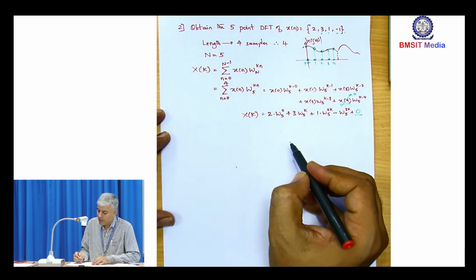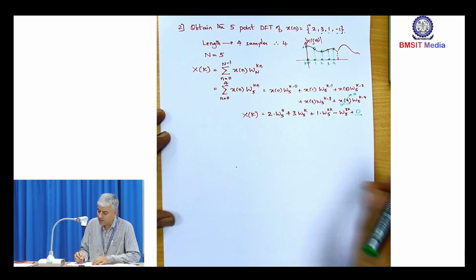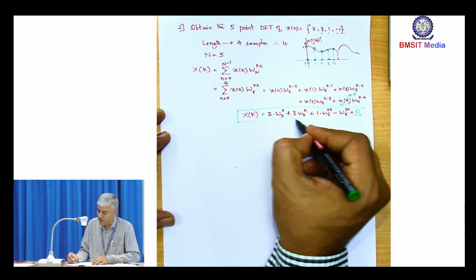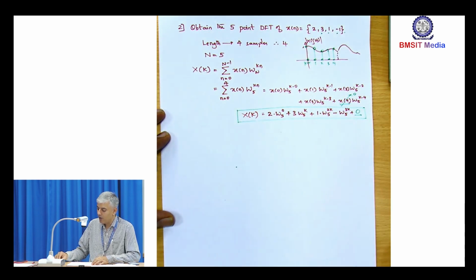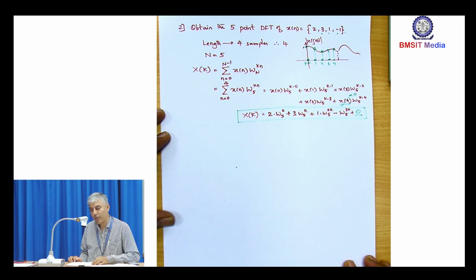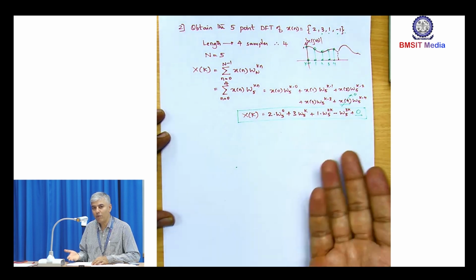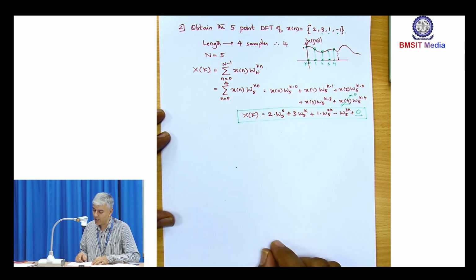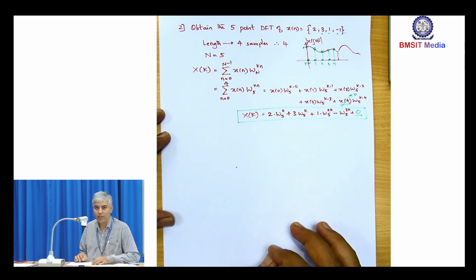Okay, so you can box this element. This is our defining equation. So X of k is equal to 2 into W_5 raised to 0, plus 3 into W_5 raised to k, plus 1 into W_5 raised to 2k, minus W_5 raised to 3k.